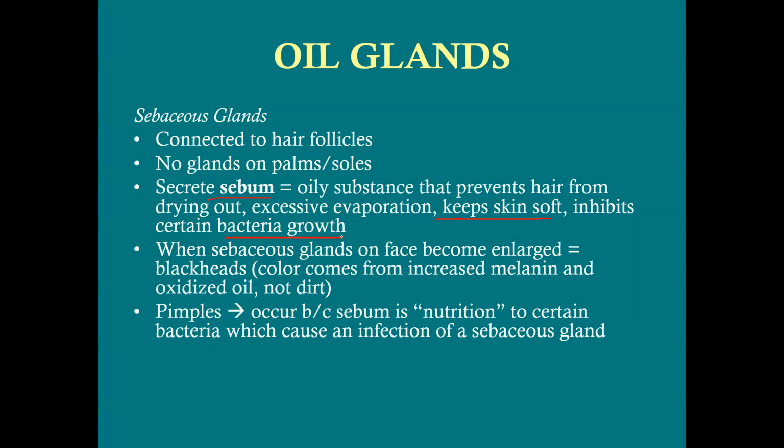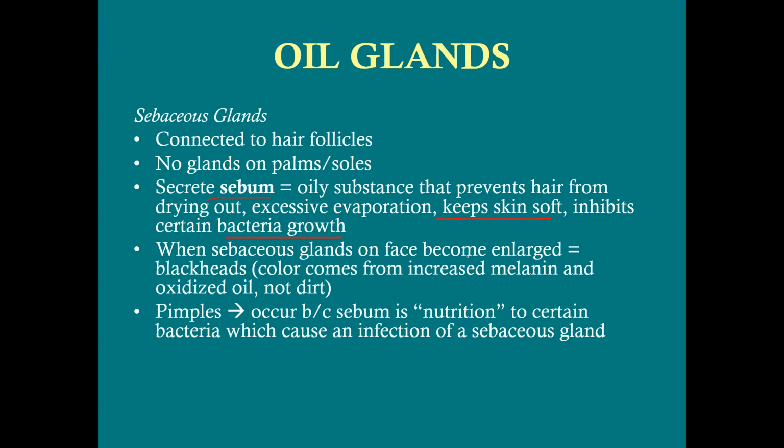As you get older, the amount of sebum you produce starts to diminish, which is one of the reasons why older people's skin looks drier, right? If you think about it, we always see the very expensive skin creams being used. It's not people in their teens. It's people in their 40s, 50s, and upwards because their skins are drying out, right?